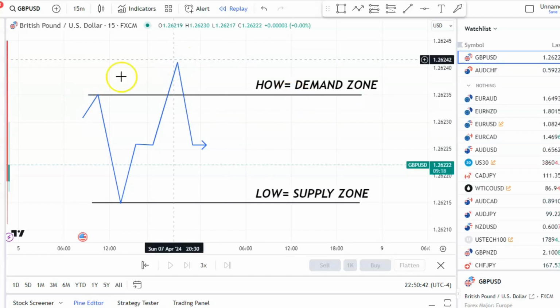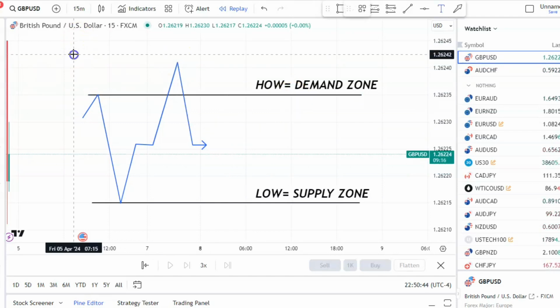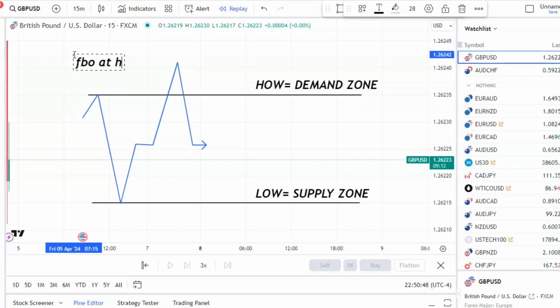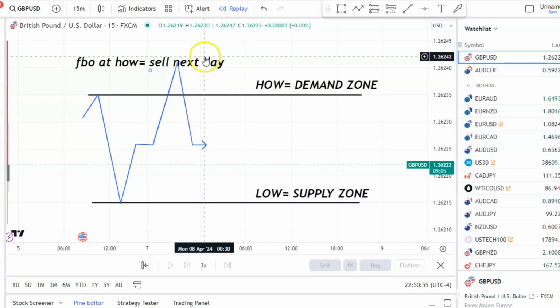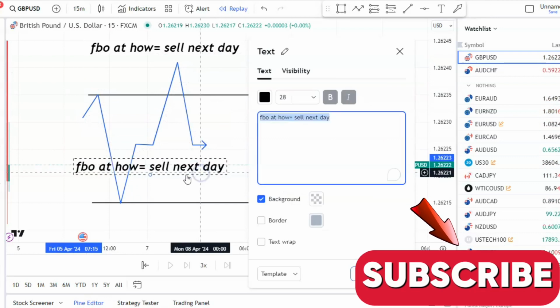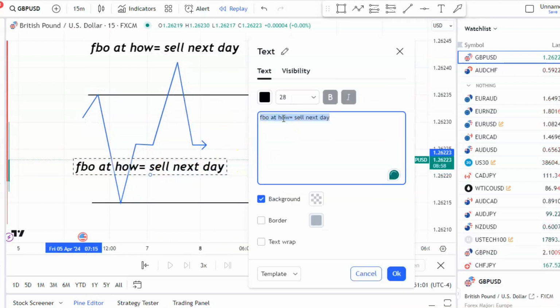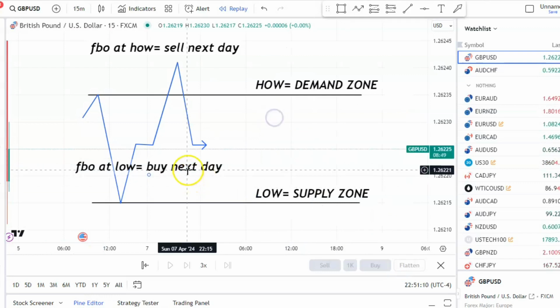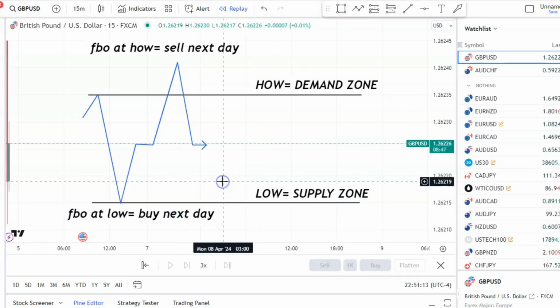Now, this is because a failed breakout at the high of the week equals sell next day. Simply put, and a failed breakout at the low of the week means buy the next day. Simple as that. And this is how I am able to anticipate demand zones and supply zones one day before.